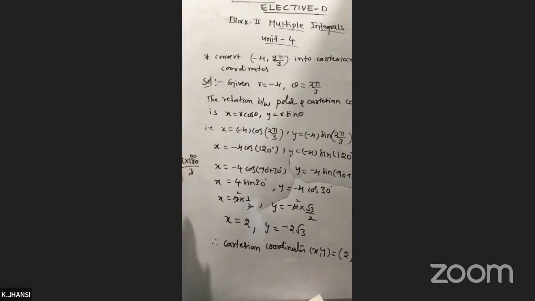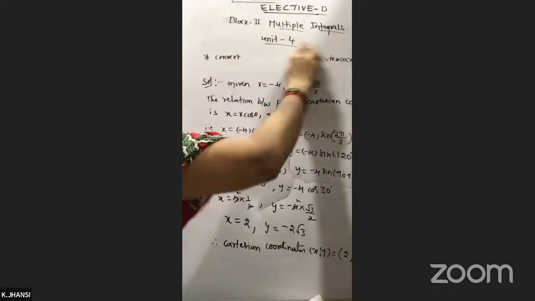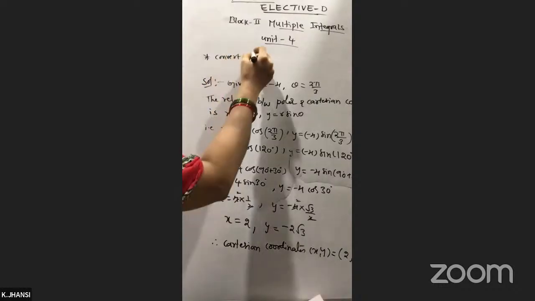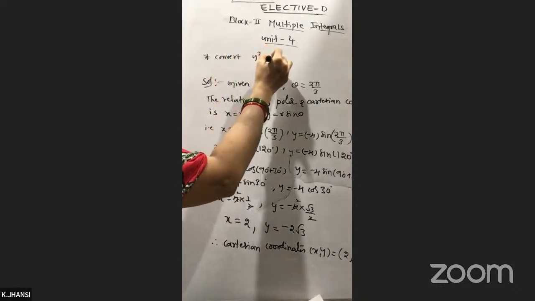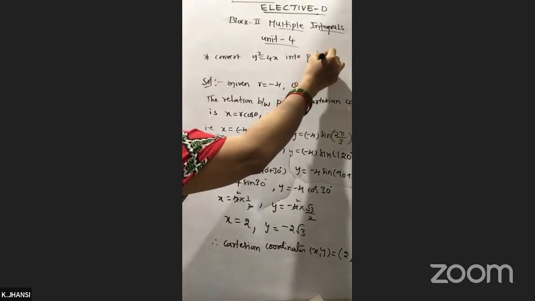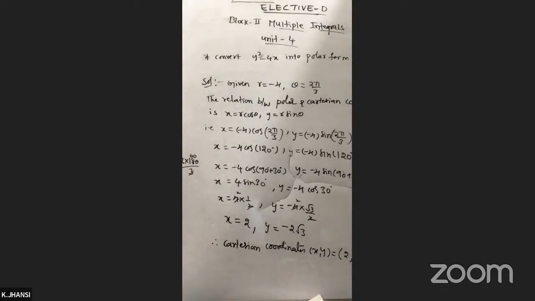So convert y square equals 4x into polar form. Polar form means we need r and theta values.